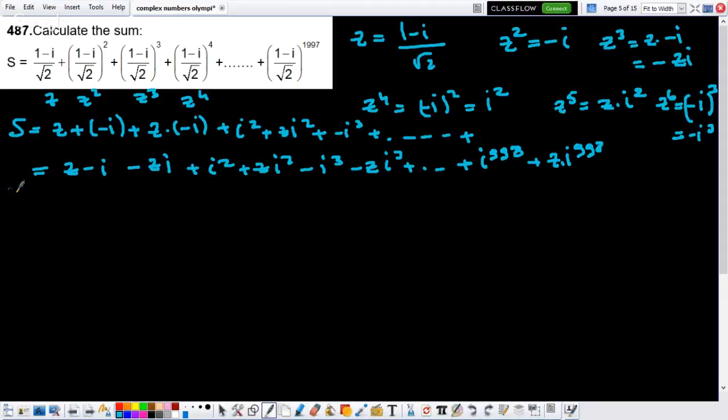If I take z in parentheses, it's going to be like this: z minus zi plus zi square, then minus zi cube, plus, minus, it's continuing, and it's going to continue till zi to the power of 998.